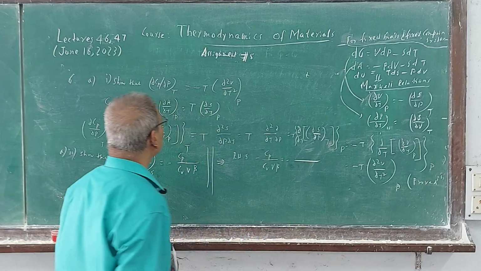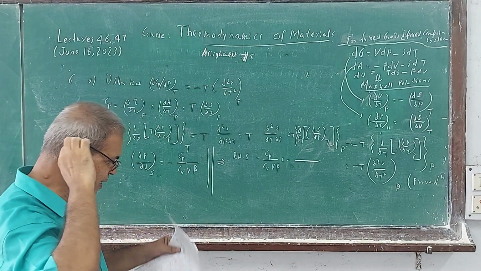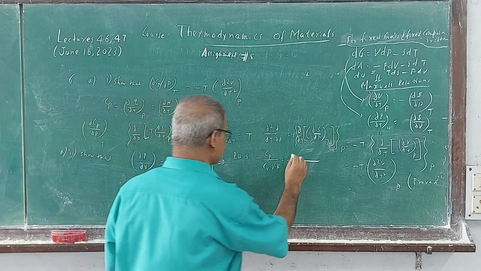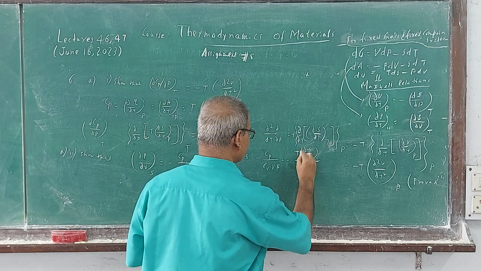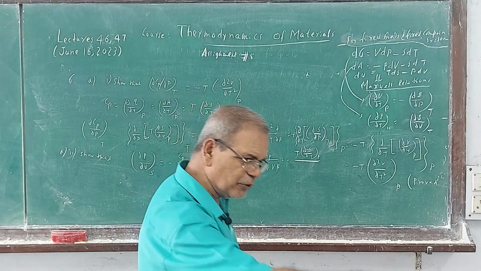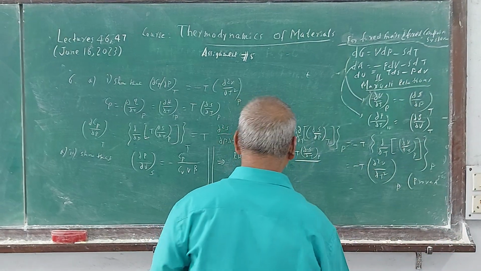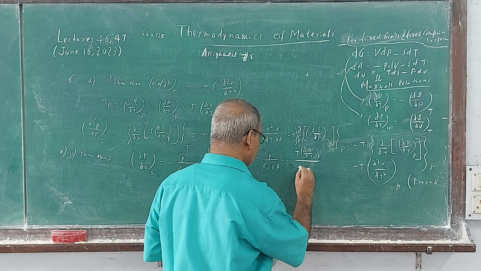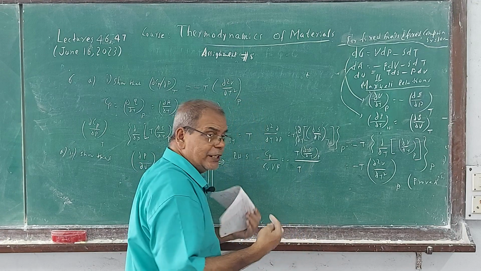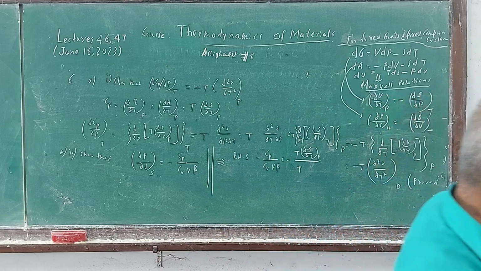What is Cp? A moment ago it was done. Cp is T del S, del T. Cp is dq dT at constant pressure, and dq is dh, T ds. Similarly, can you tell me Cv? Not only Cp, always Cv also. Cv means internal energy is coming that side.